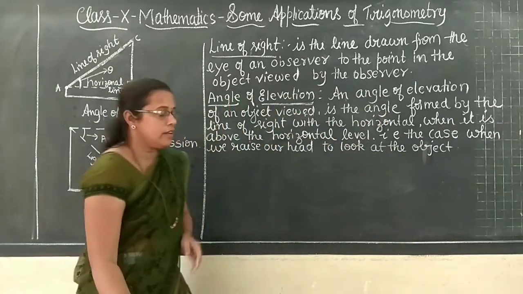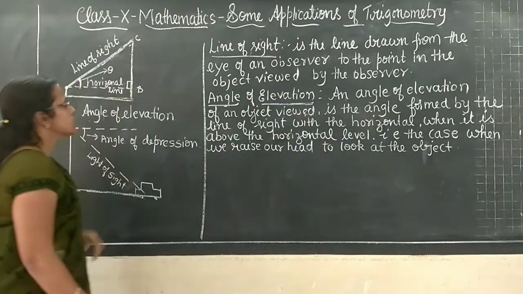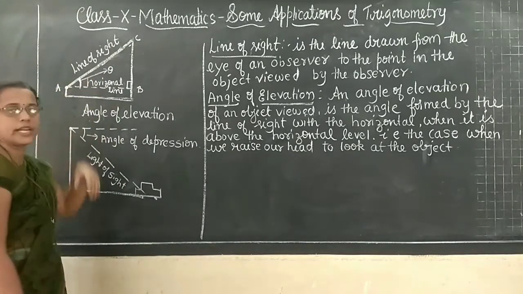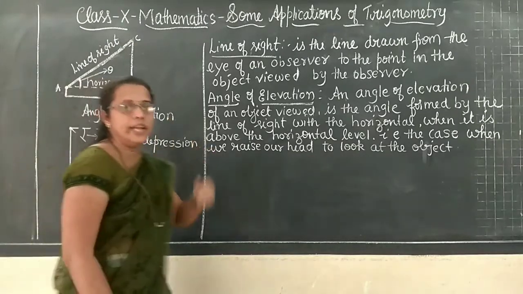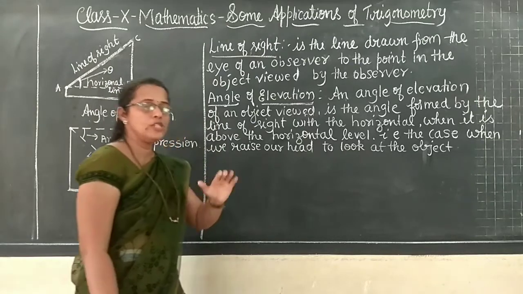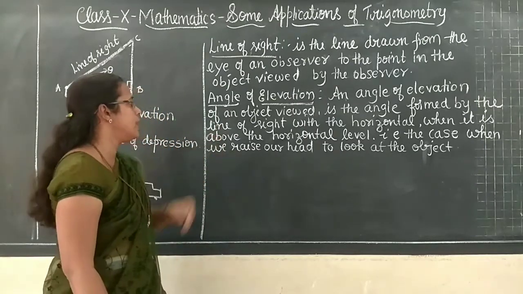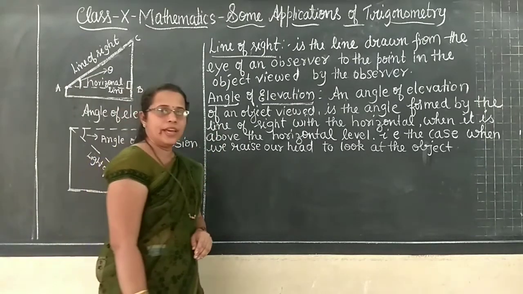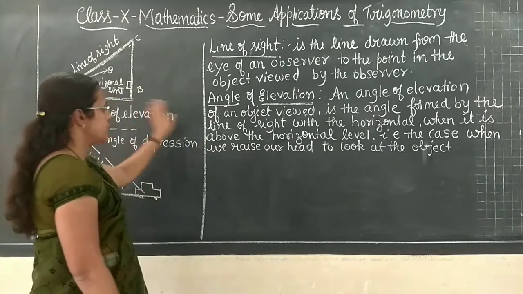Okay, so the first case is like this. Children, looking at the object here, we have to raise our head from the horizontal level. So that is called the angle of elevation. Okay, so this first case is this.